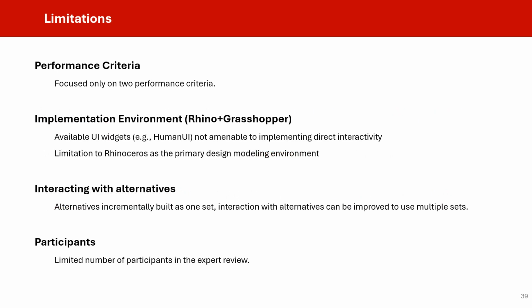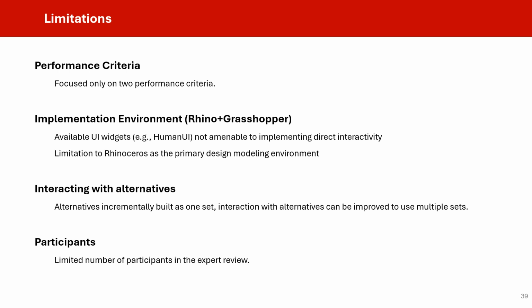Despite the achievements, we face some limitations. We only used one machine learning-based surrogate model. In the future, we will involve more surrogate models for various performance metrics. Modeling environment was another limitation since we only used the Rhino environment, and using the available user interface in Rhino didn't allow us to apply interactive visualizations in version 2.